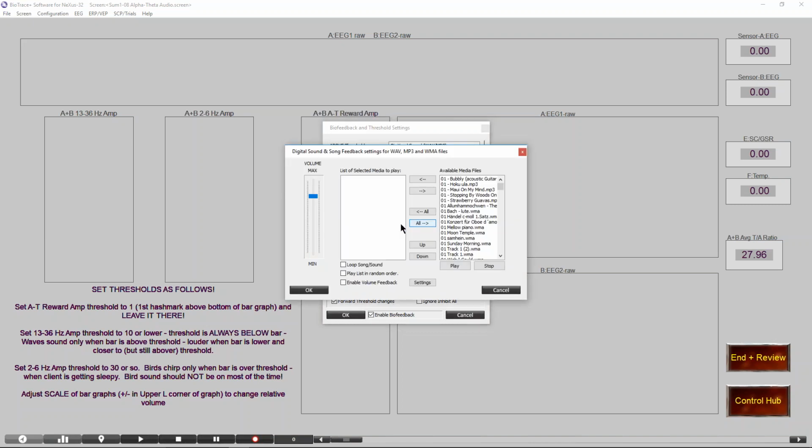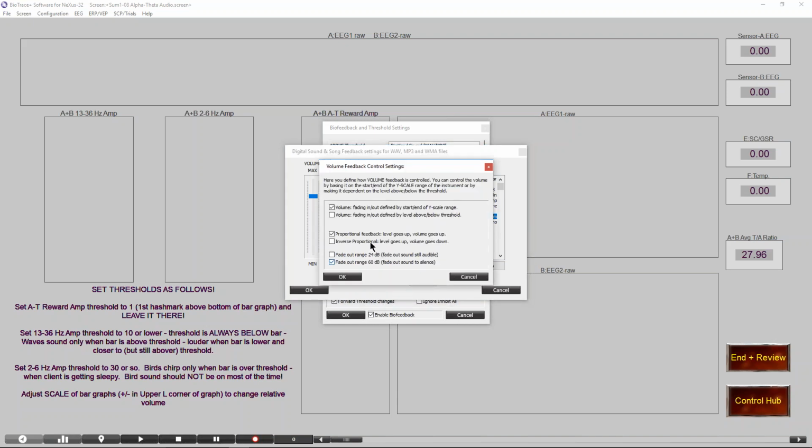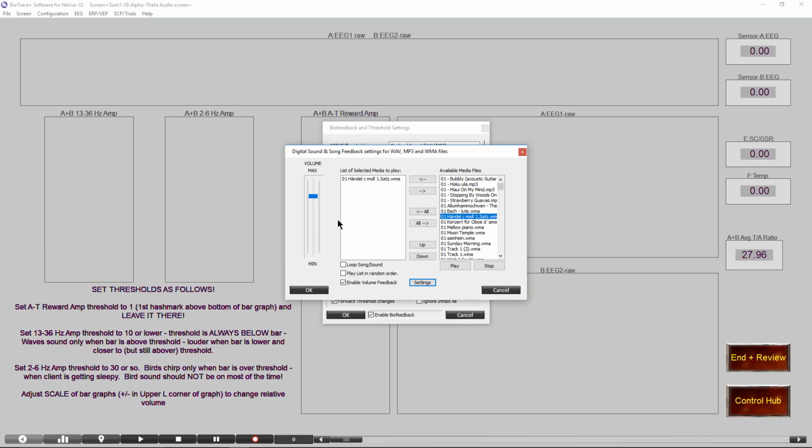You can actually set it to do proportional volume feedback below the threshold, but it doesn't work right, and I don't know why. Although I actually haven't tried it on this new version, so maybe they've got that so that it does work.